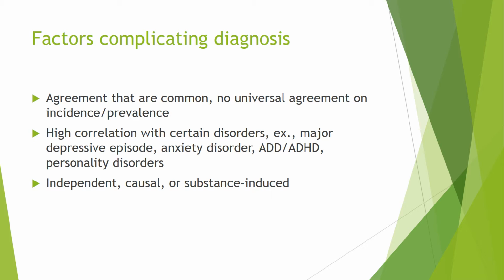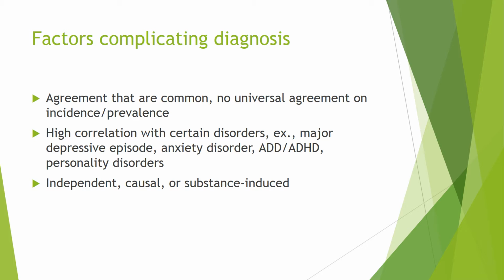If a person has both a substance use disorder and a major depressive episode, part of the challenge is to determine whether they are, as referred to here, two independent conditions.